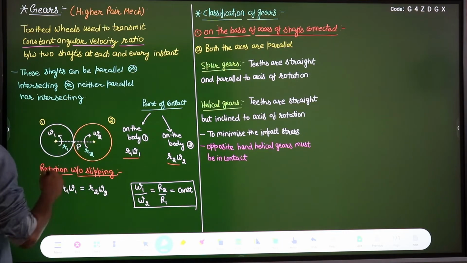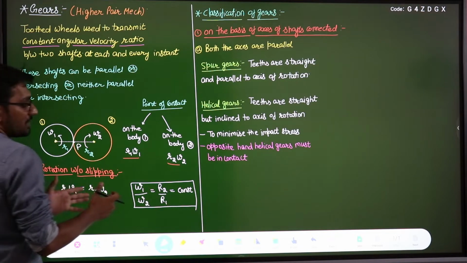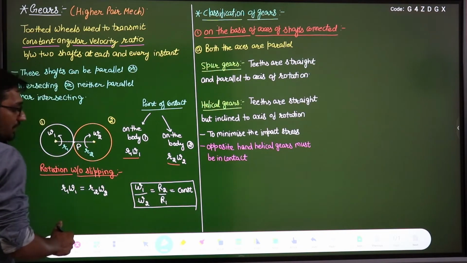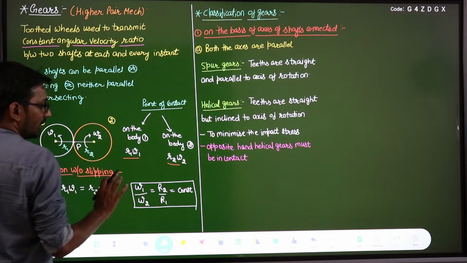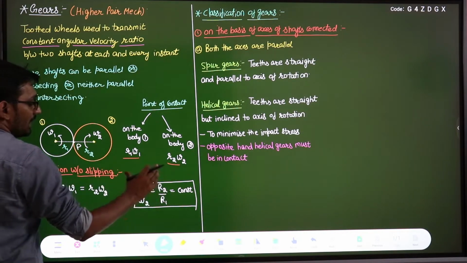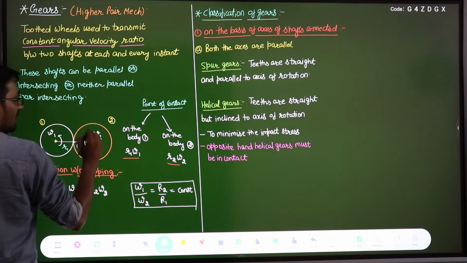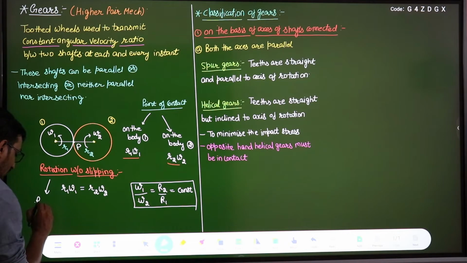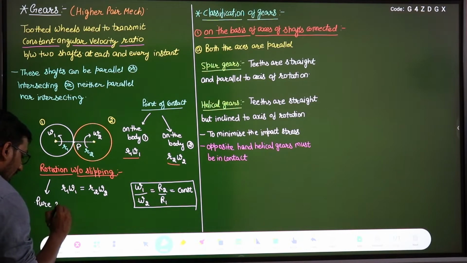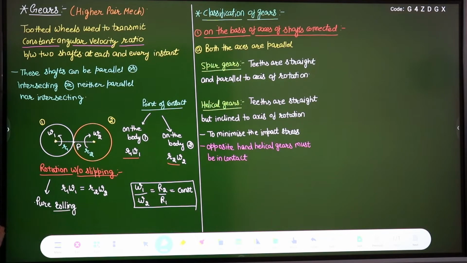These are two gears in contact at a point, maintaining a constant angular velocity ratio equal to R2 by R1. This is only possible when these two gears are rotating without slipping. That means these two bodies will be in pure rolling. Rotation without slipping means pure rolling; there should not be any slip at the point of contact.